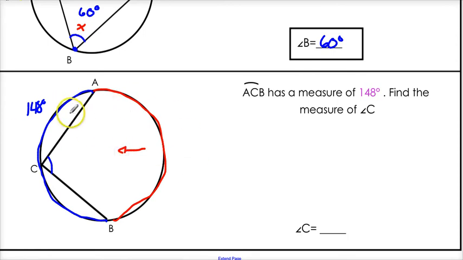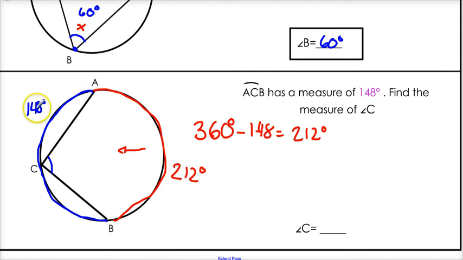What you do is you take 360, because that's the whole circle, and subtract 148, and that gives us 212 degrees. So we know this arc is 212, because 212 and 148 gives us 360. Now that we know this whole arc, all we have to do is take 212, divide it by 2, and that gives us 106 degrees. So we know the measure of angle C is 106 degrees.